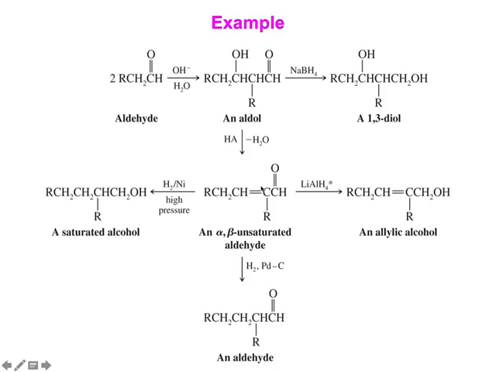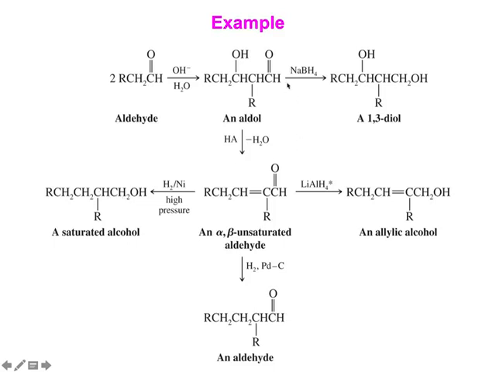This is why you use hydrogenation to get the aldehyde. And then for this one, hydrogenation at high pressure, you get the saturated alcohol. This one we call an allylic alcohol because it contains a C double bond C. Using hydrogenation at high pressure, you get the saturated alcohol with a single bond.